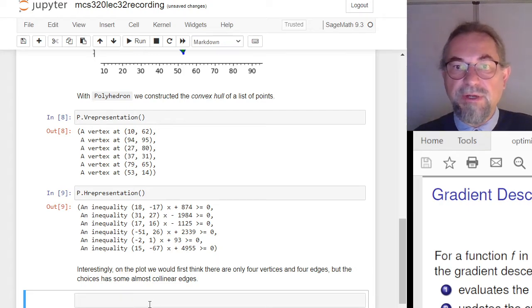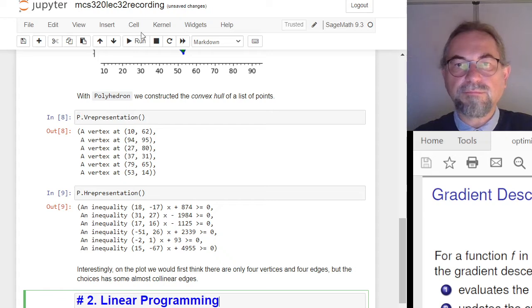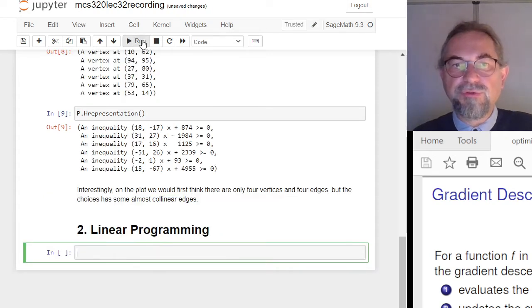We will do optimization. So I will now introduce linear programming, and introduce the example that I had on the slides. So linear programming is optimization subject to constraints.